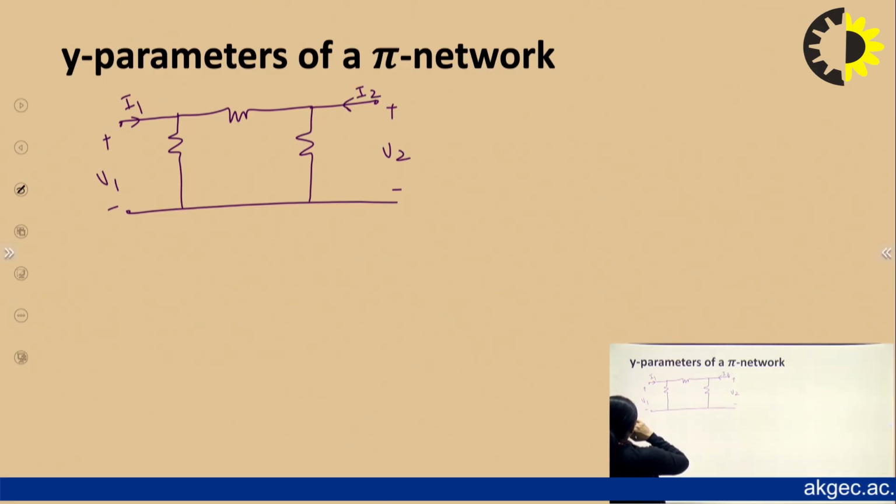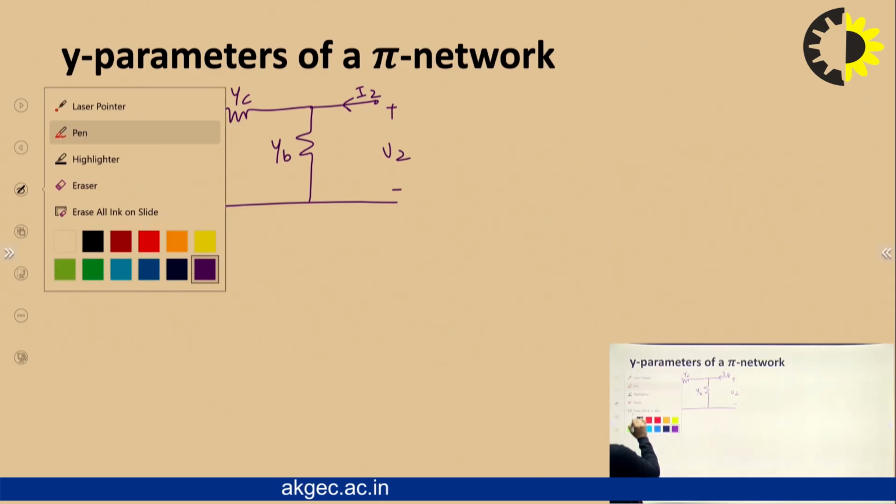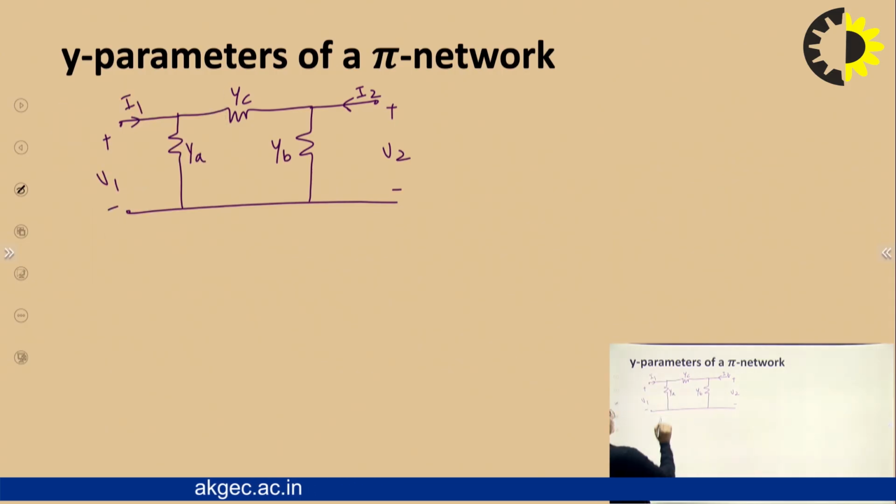Let us say these are the admittances YA, YC and YB. These are the admittances, inverse of impedance. So, now let us apply KCL at two nodes. These are two nodes. Apply KCL at node 1 and at node 2.